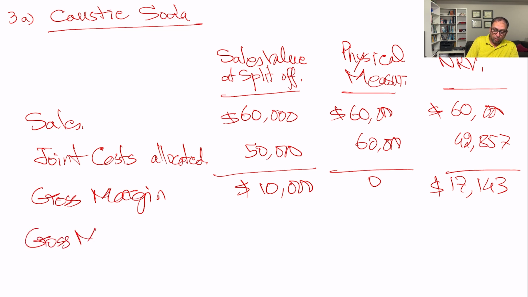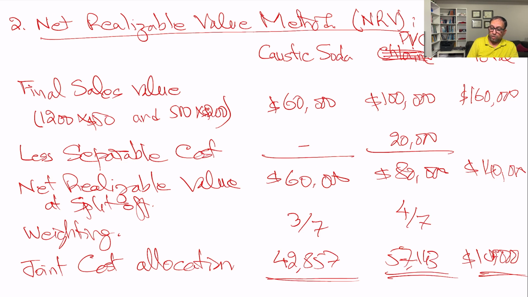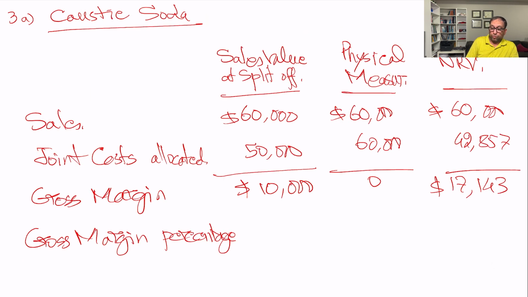Gross margin percentage: it's 10,000 divided by 60,000, so we get 16.67 percent. Here we get 0%, and here we get 28.57%.